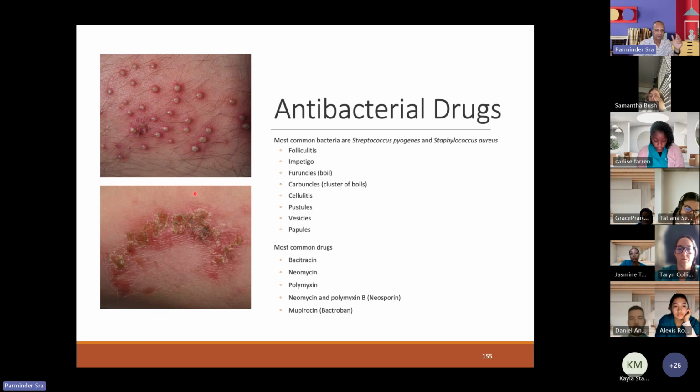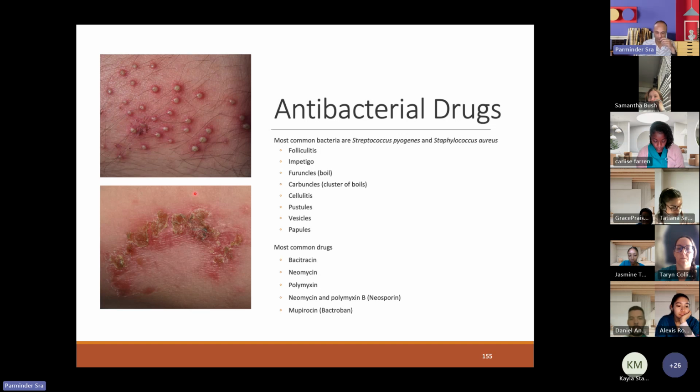So for example, bacterial skin disorders such as folliculitis, impetigo, furuncles, carbuncles, cellulitis, you use antibacterial creams, ointments, or in some cases oral as well. For fungal infection, use antifungals. And for viral infection, use antivirals.